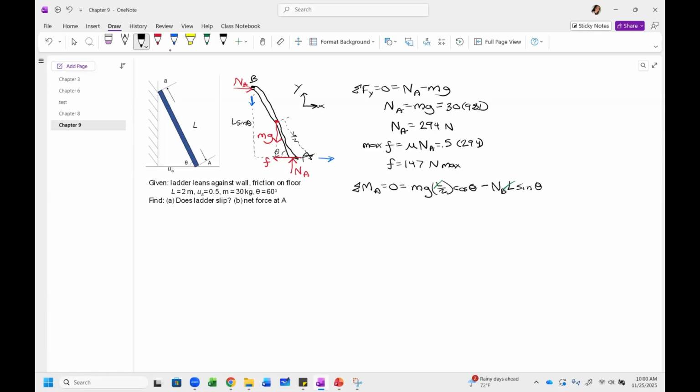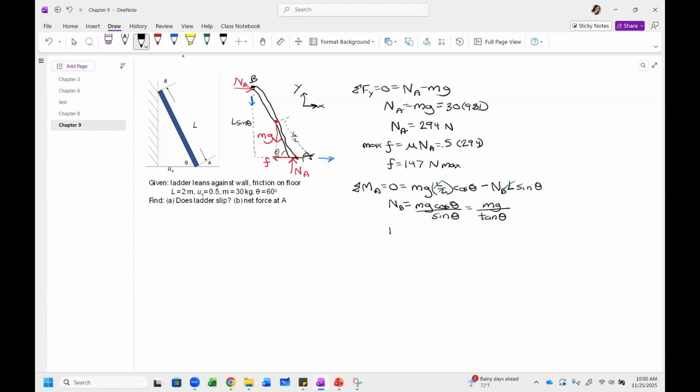We can rearrange this, and we get normal force at B equals mg cos theta over sine theta, which really is mg over tan theta.